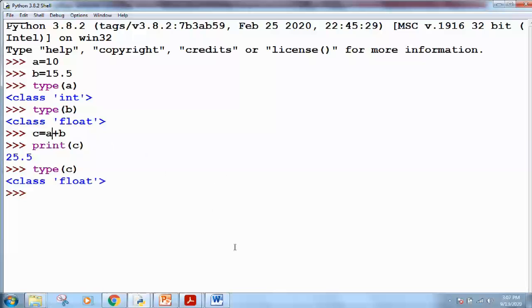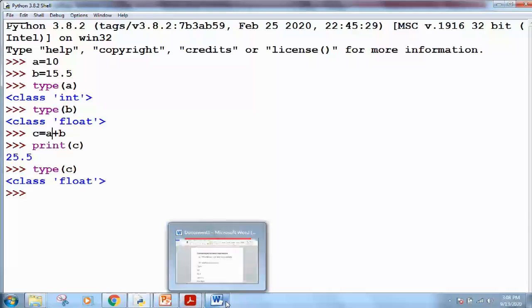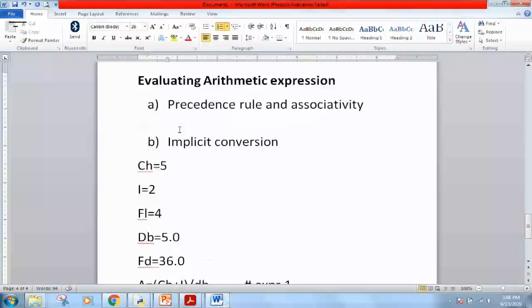We will now take an example of how arithmetic expressions are evaluated. Let me go to the Word file where I am going to evaluate arithmetic expressions for your explanation. I already told you that in an arithmetic expression there are arithmetic operators and operands.